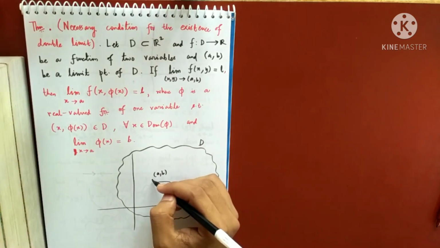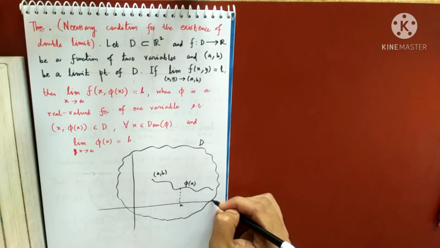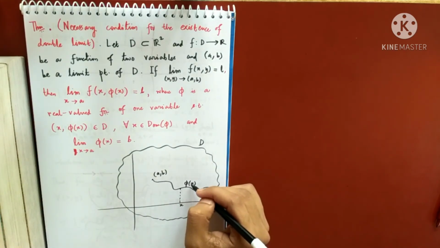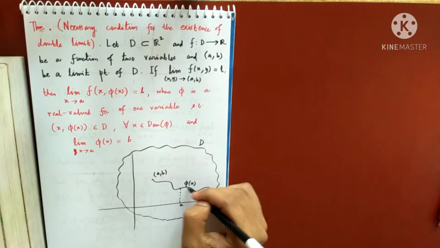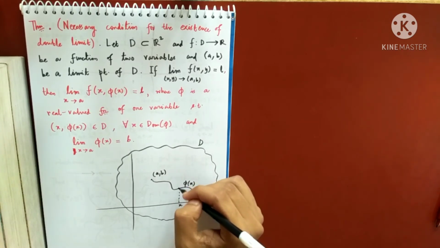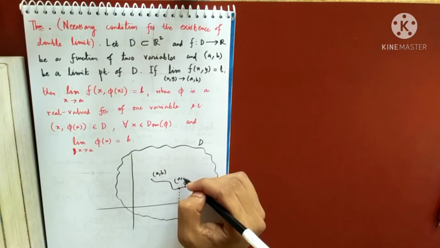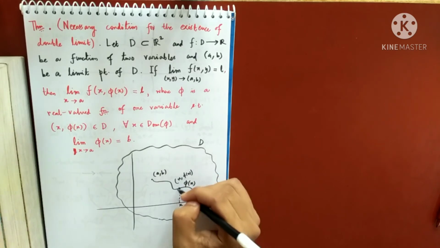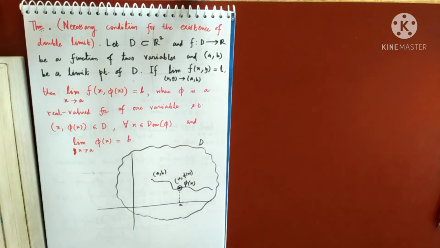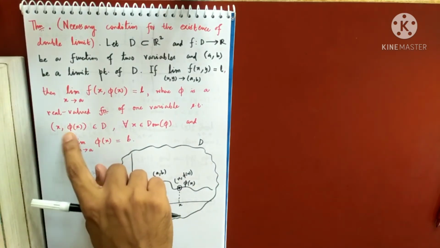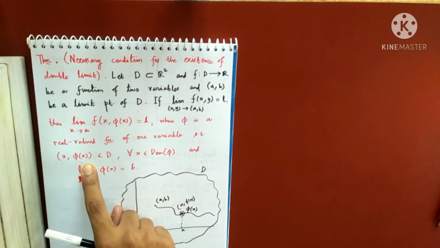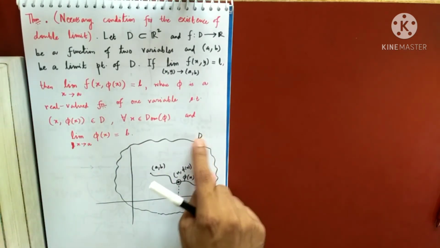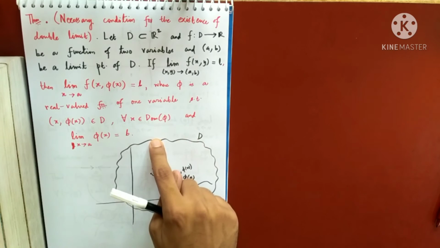The domain of phi is from here to here. This point is in the domain of the function, and this pair is x comma phi x. If I think of this as a point of R2, this point is nothing but (x, phi x). So this ordered pair should be inside the domain. I cannot go outside the domain.